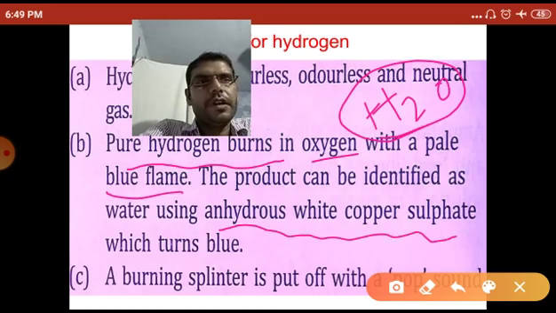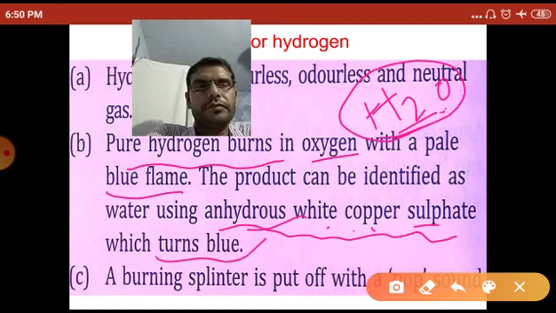Anhydrous copper sulfate is white, and when it comes in direct contact with the product of burning hydrogen, it becomes blue due to the formation of crystalline copper sulfate, CuSO4·5H2O, because the H2O crystallizes with the copper sulfate.